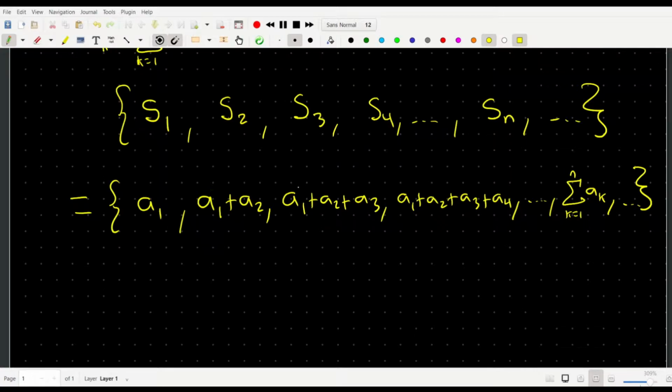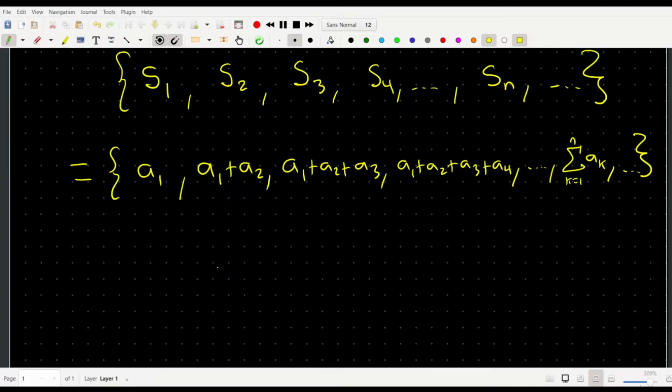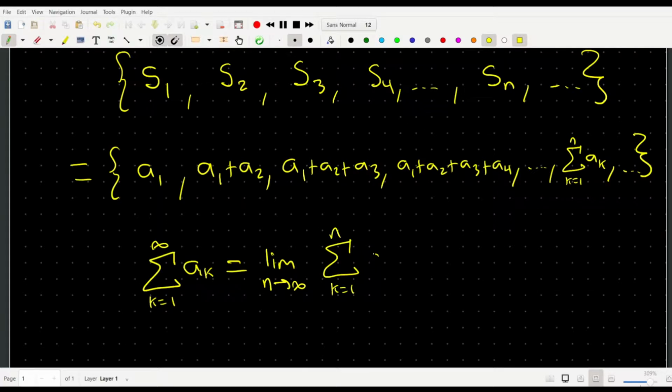But this sequence, and the idea of the limit of a sequence, is at the heart of defining the limit of a series. We say that the infinite sum from k equals 1 to infinity of ak is equal to the limit as n goes to infinity of this sequence of partial sums, or just the limit as n goes to infinity of Sn, where Sn is the nth partial sum.